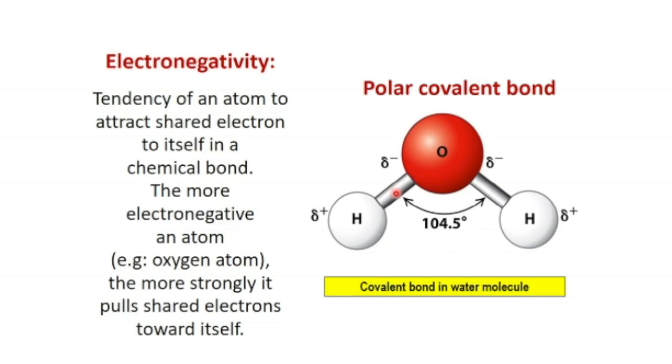Oxygen is more electronegative compared to hydrogen, so the shared electrons of the covalent bond are more attracted to the oxygen atom, causing it to have a partial negative charge and the hydrogen atom to have a partial positive charge. So the charge on oxygen and hydrogen atoms depends strongly on the difference in electronegativity between them.